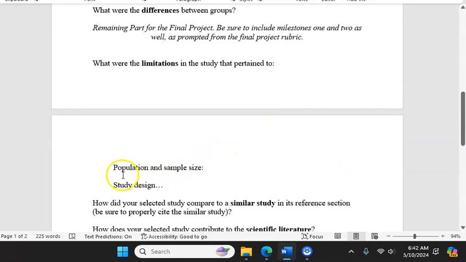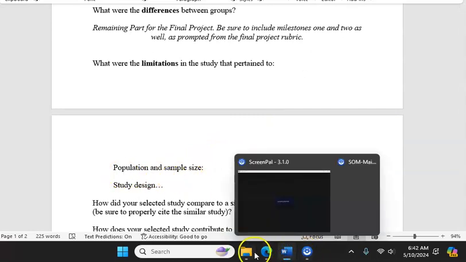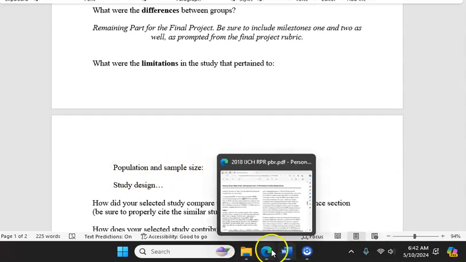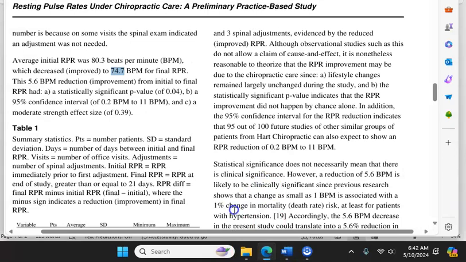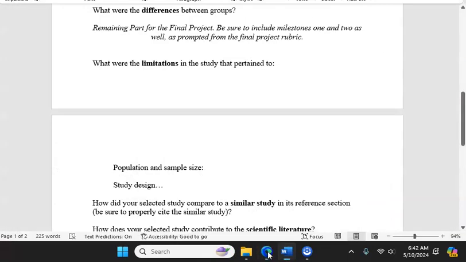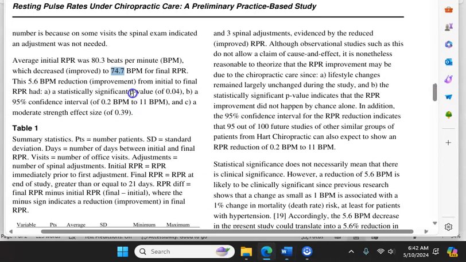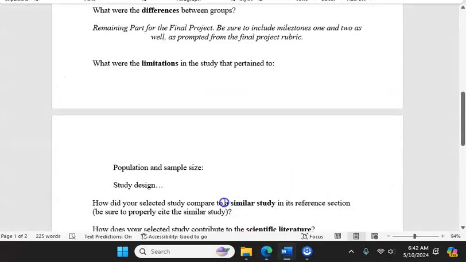Limitations of the study, population and sample size. In this case, pretty small sample, 10 patients. So that's a limitation. Patients from this practice, the results may not apply to another practice, is another limitation.